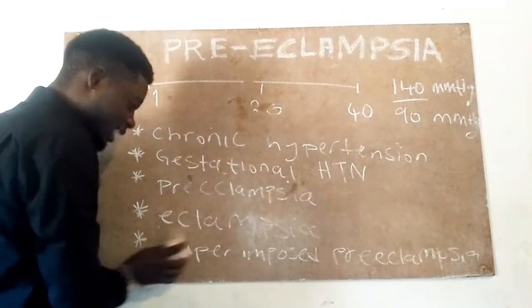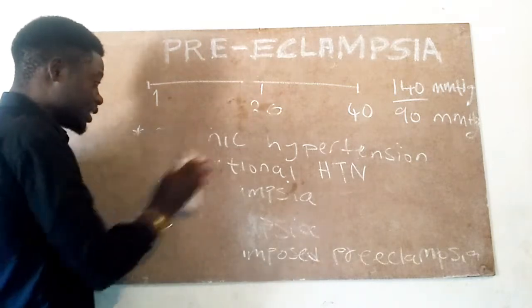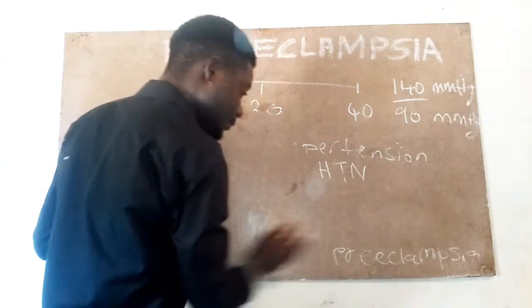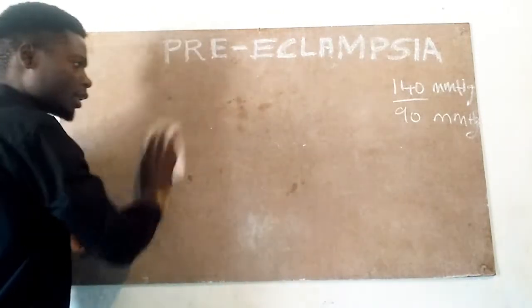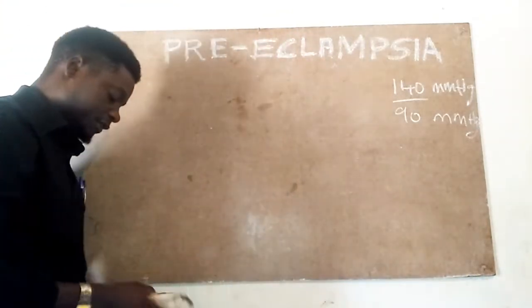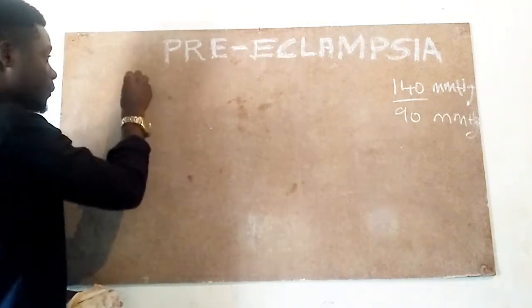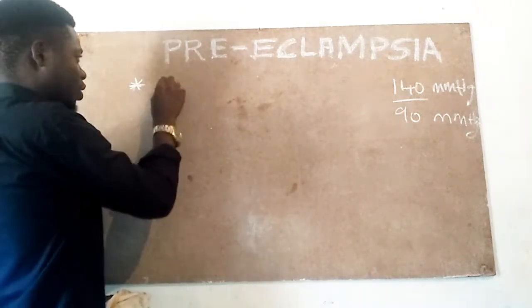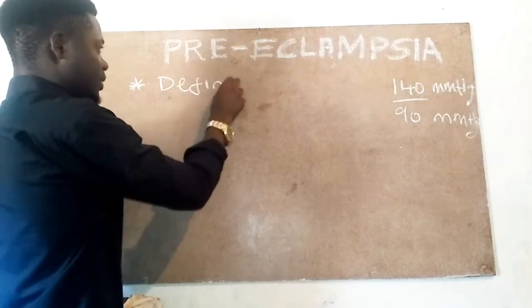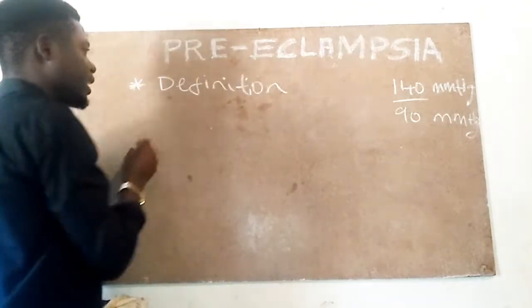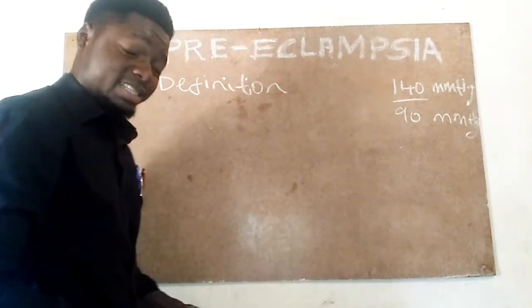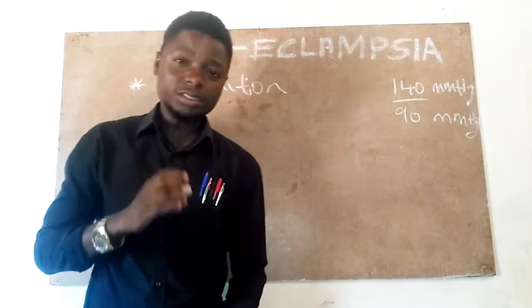Now, having said that, having classified these hypertensive disorders in pregnancy, knowing what we are really talking about, we now move on to our definition for preeclampsia, because this is the main talk that we have right now. Now, what is preeclampsia? How can we define preeclampsia?